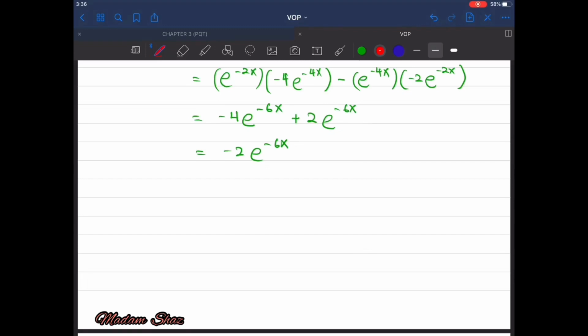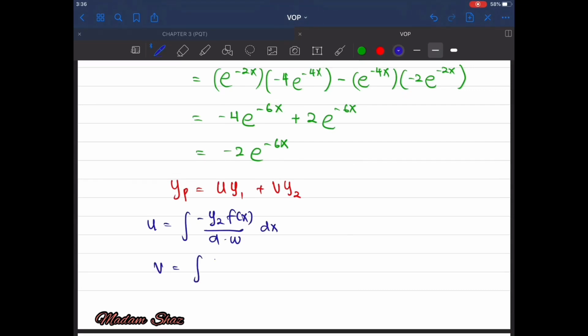We know that yp is equal to uy1 plus vy2. Y1 and y2 you have declared above. Now you have to calculate u and v. How to calculate u and v? You have to refer back to the formula. Formula: u is equal to the integral of negative y2 fx over a w dx.